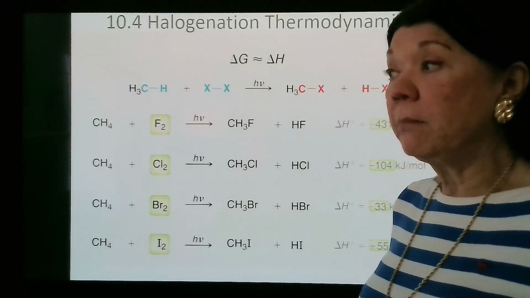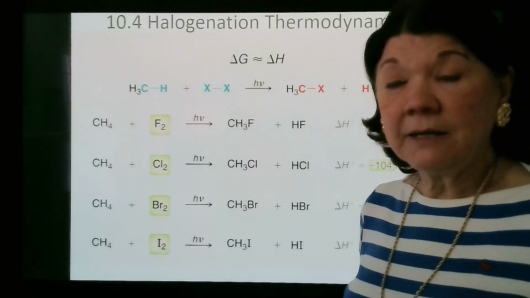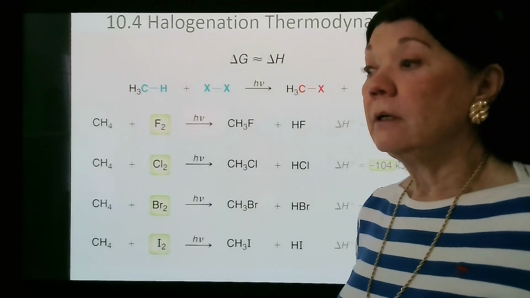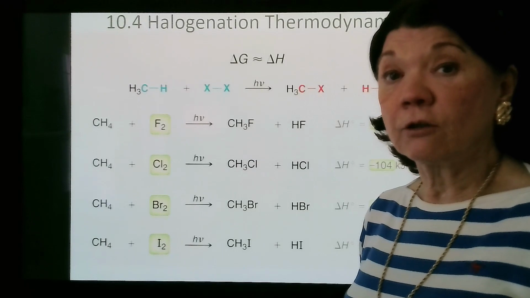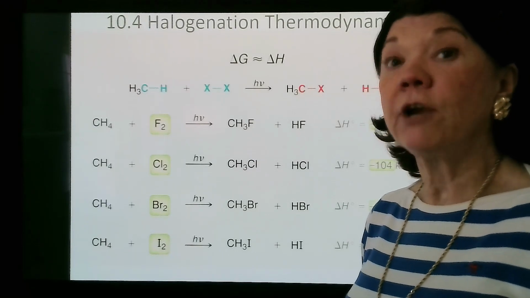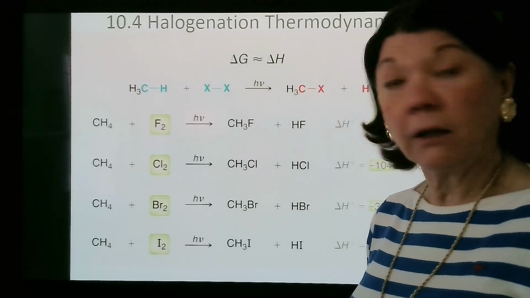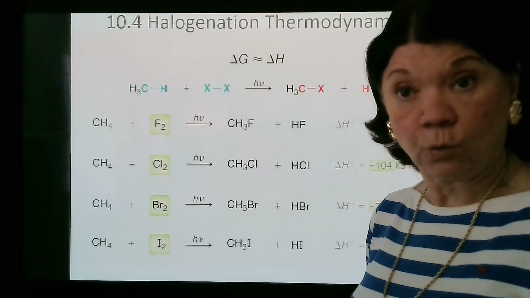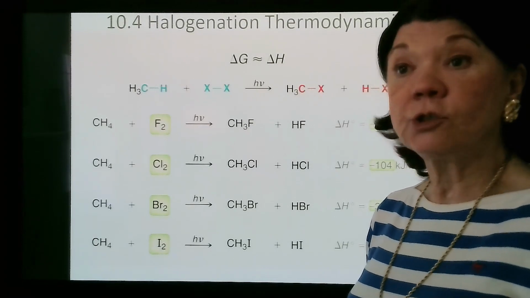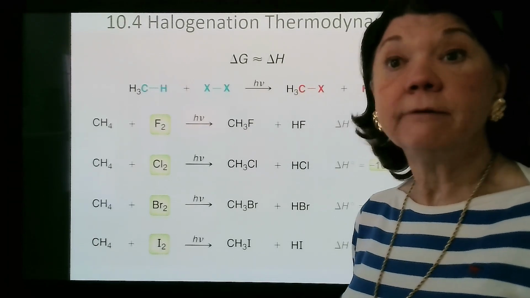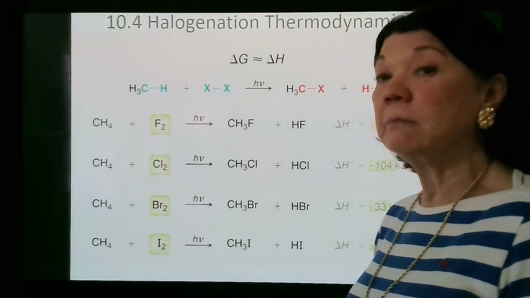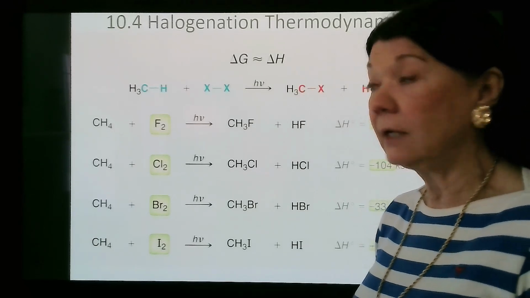And so remember that the reactivity is inverse to the selectivity. The more reactive the molecule is, the less selective it will be. And that's because it will just react with whatever it bumps into first. So it becomes a totally statistical thing.